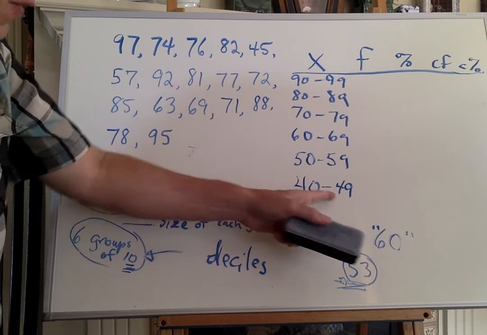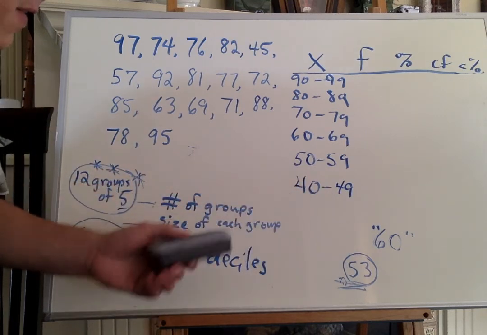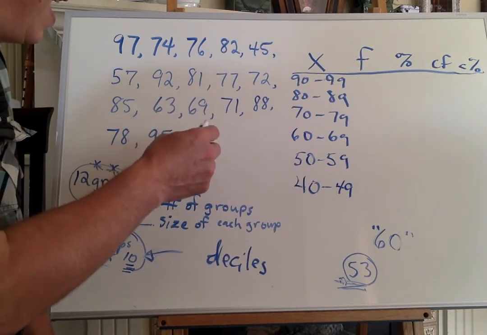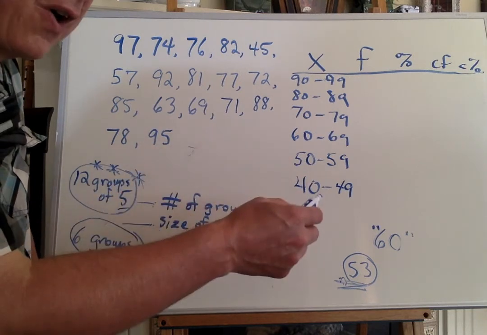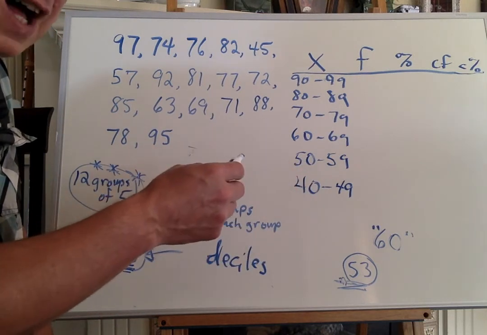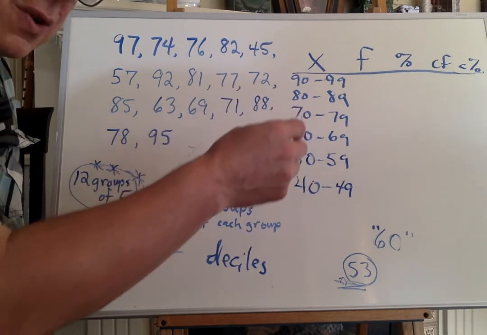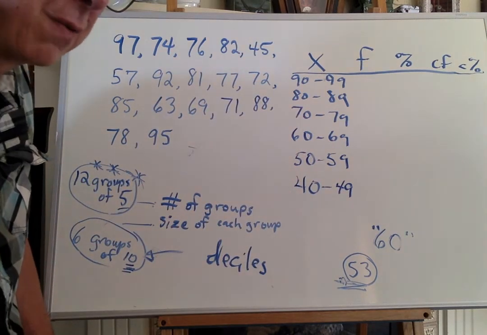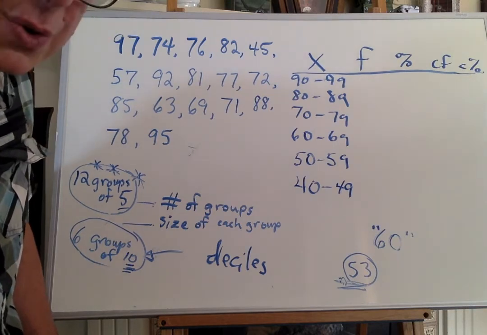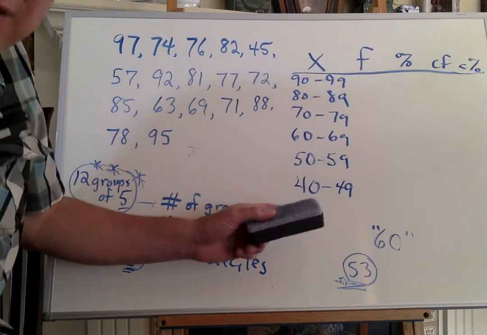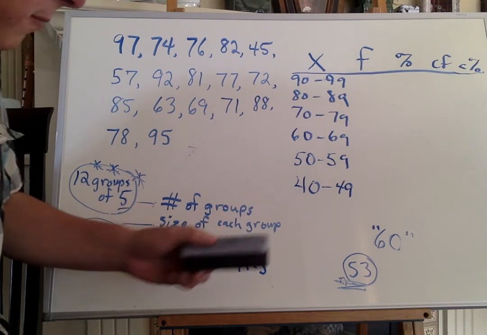We're in the deciles. Then if I had started with 45 to 54 and 55 to 64 and so on and so forth, or God forbid something like 43 to 52, it would just look cumbersome.